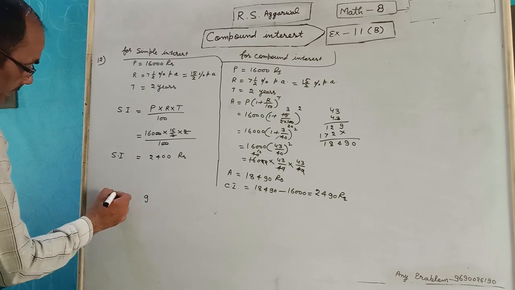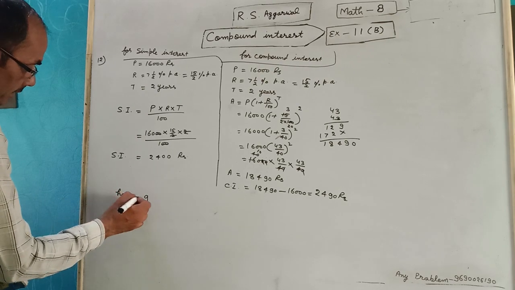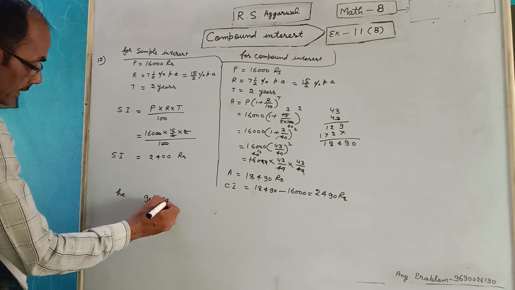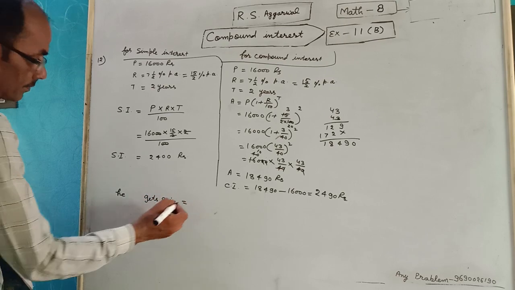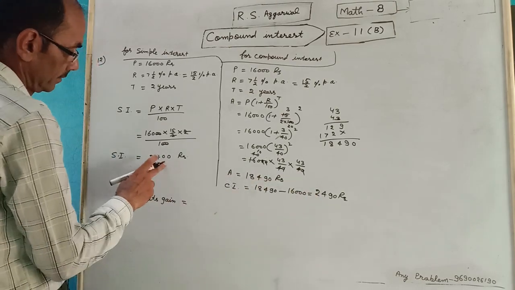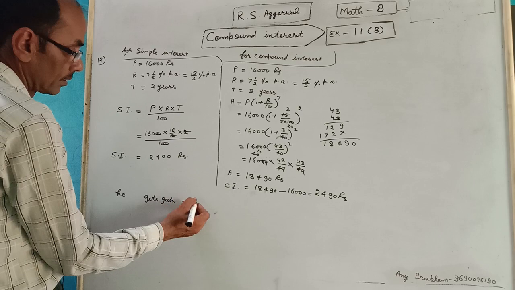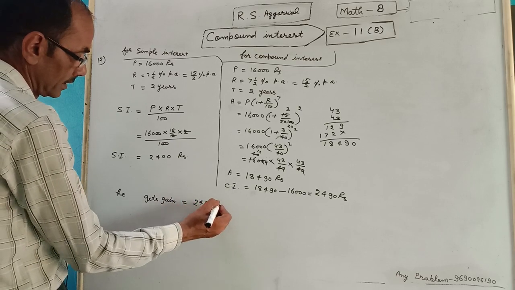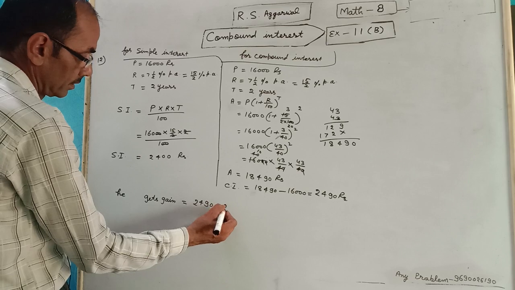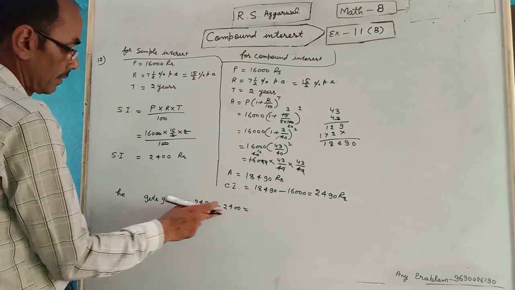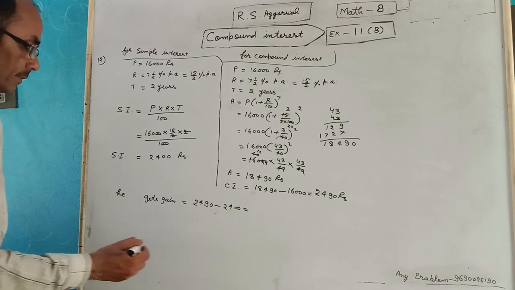Gain is equal to the difference between both interests, CI minus SI.